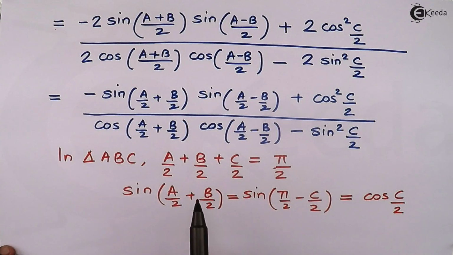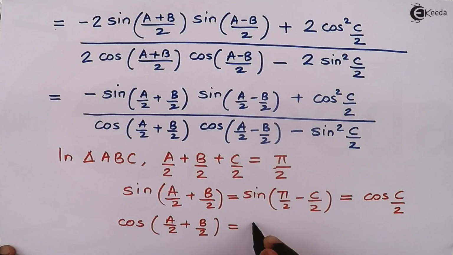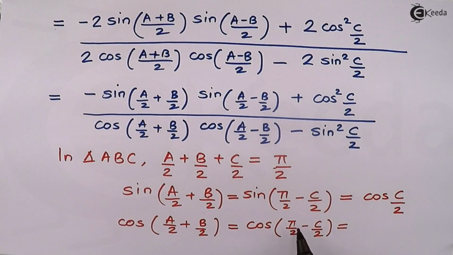And for that I'll apply cos on both sides. So here we'll get cos of (A by 2 plus B by 2) is equal to cos of (pi by 2 minus C by 2), and this cos of (pi by 2 minus theta) is sine theta. So here we will get sine of C by 2.